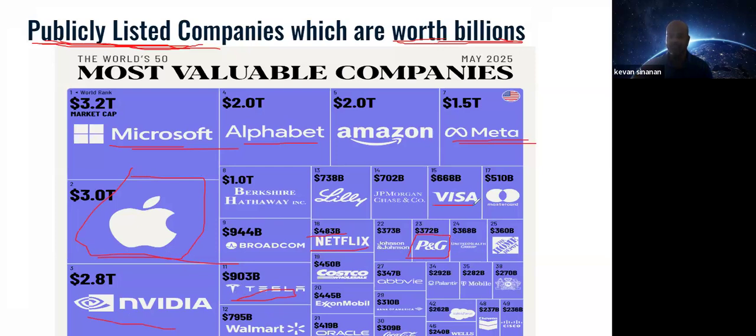So Visa card, remember all those debit cards and credit cards we're talking about? That's Visa, $668 billion. So you see how cool publicly listed companies are? What's the benefit? Yes, Coca-Cola, like Coca-Cola in the bottom here. And if you should see it, number 30, $300 billion.